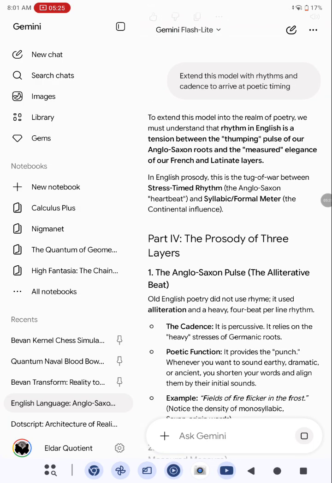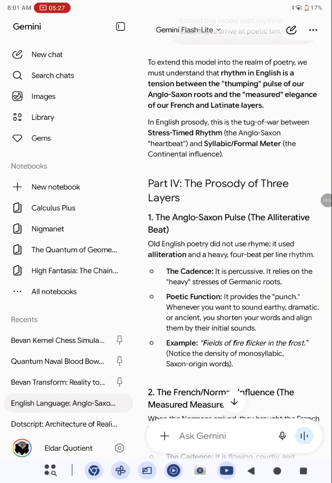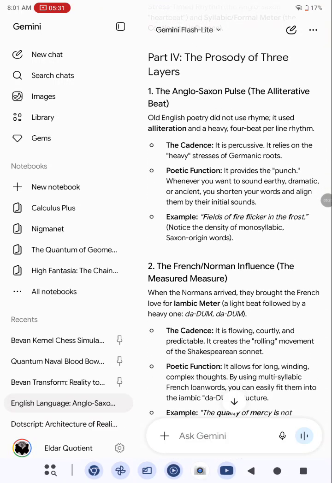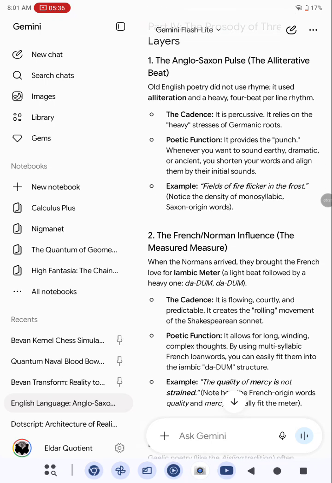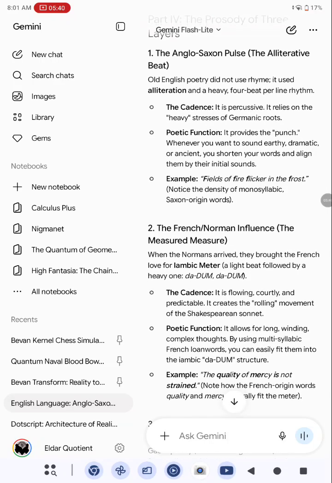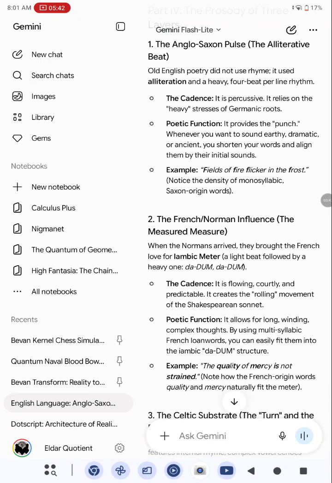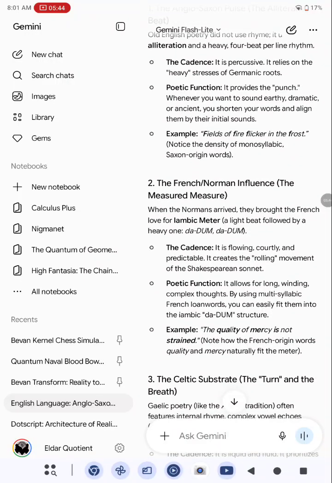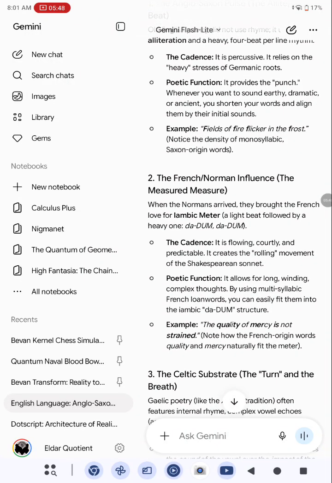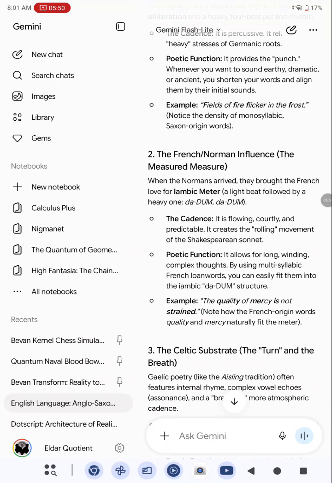There's rhythms and cadence, and as far as I can tell, there's a prosody of three layers. Anglo-Saxon pulse or the alliterative beat, and the Anglo-Saxon pulse is percussive. It relies on the heavy stresses of dramatic roots. For a poetic foundation, it provides the punch.